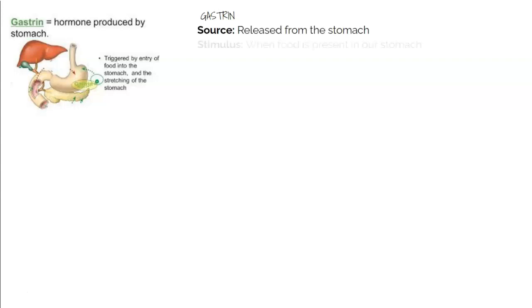It's released from the stomach, and it's stimulated to be released when food is present in our stomach. That's what stimulus means, okay? It's triggered, essentially. So the stretching of our actual stomach as we fill it with food is what stimulates gastrin to be released.